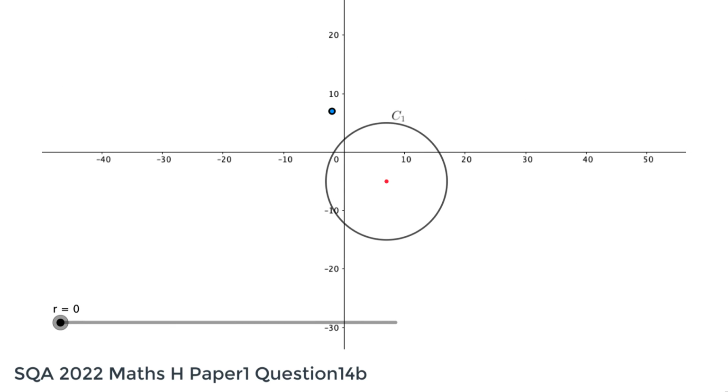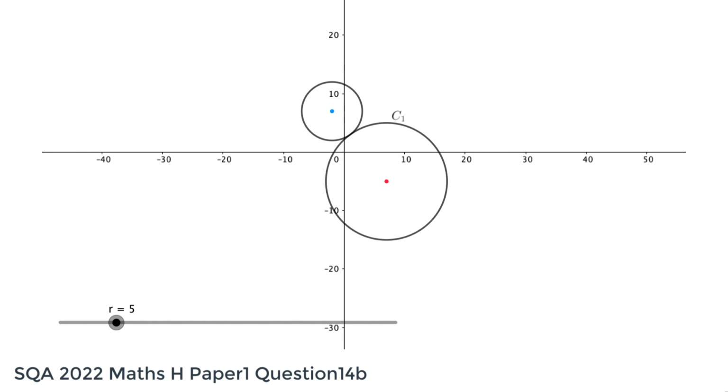So here we have the situation where up here we've got a circle, it's a very small circle just now, around the point -2, 7, and that's our fixed circle C1. Now let's increase the size of that circle. The radius is now 1, it's 2. You can see what's going to happen. When the radius is 5, the two circles touch.